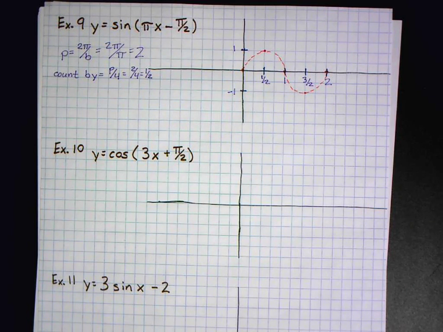And sometimes it's helpful to do it in steps, because if you're trying to do this all in your head at once, that's where you get kind of mixed up sometimes.